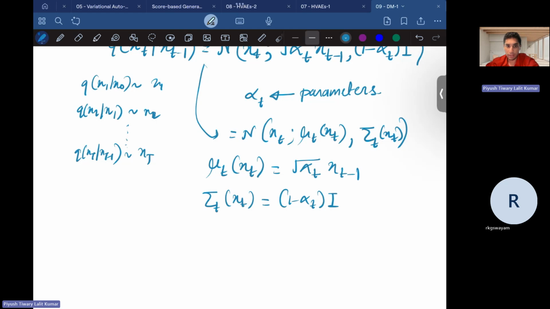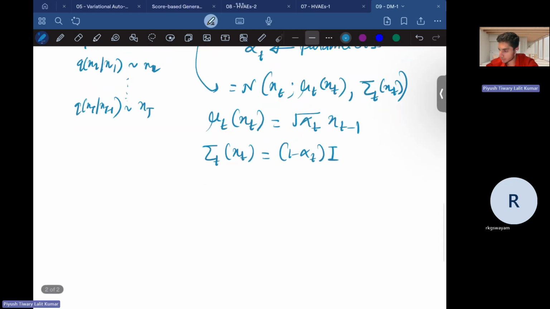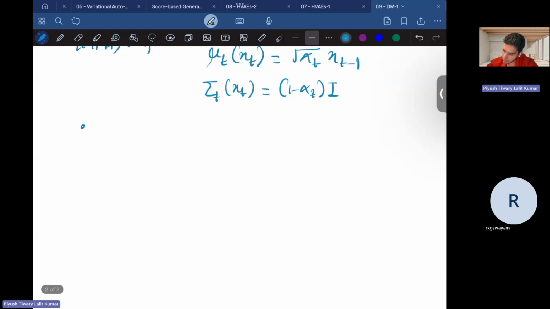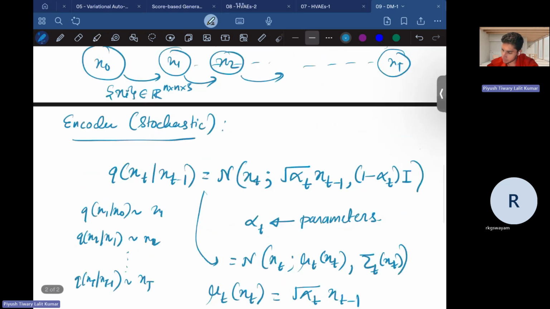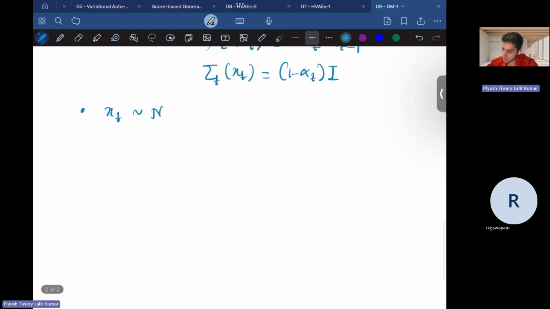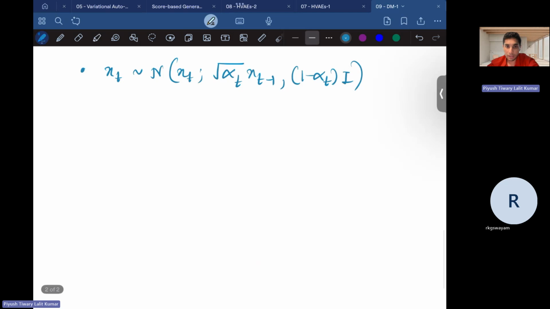Anyway, if this is the case, we have this equation that xt is being sampled from q of xt given xt minus 1, which is normal of xt with parameters root alpha t xt minus 1, comma 1 minus alpha t I. This is your encoder.